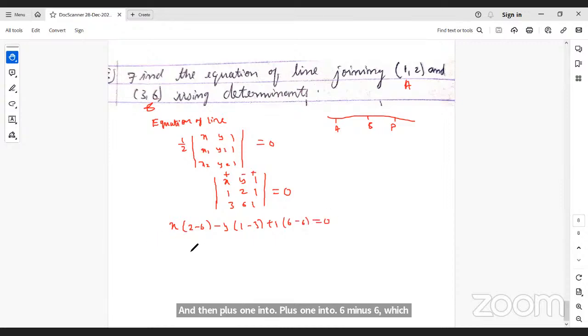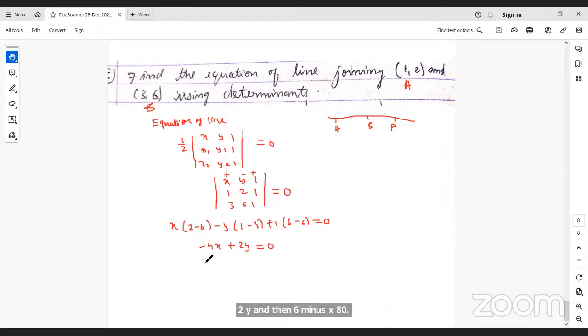On simplifying, 2 minus 6 is minus 4, so minus 4x. 1 minus 3 is minus 2, minus into minus, it will be plus 2y, and 6 minus 6 is 0. So this is equal to 0.